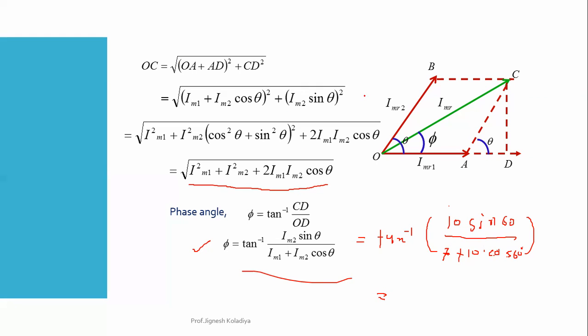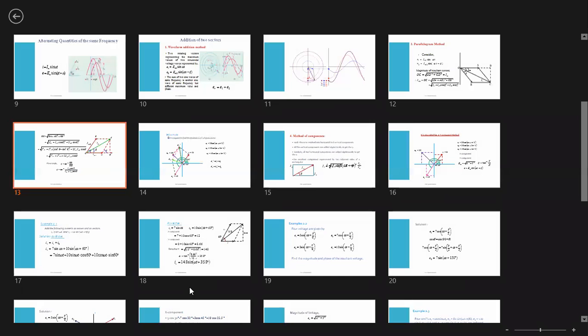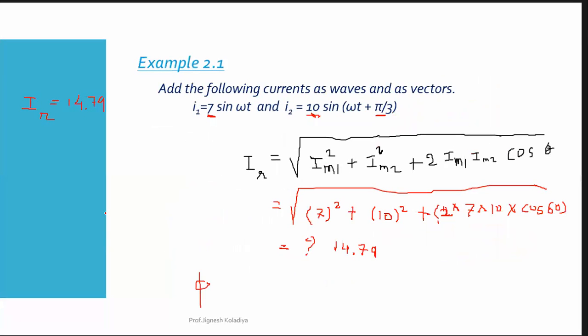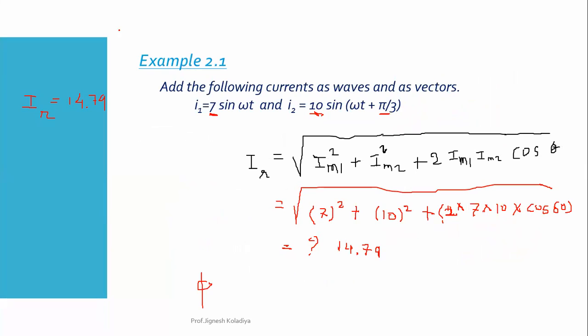Okay. Yes. So let me write the angle phi by using the parallelogram method is 35.81, right? So 35.8 degrees I am writing.